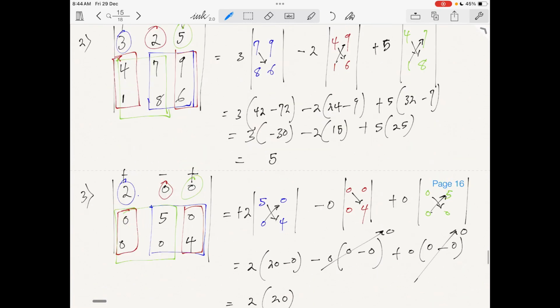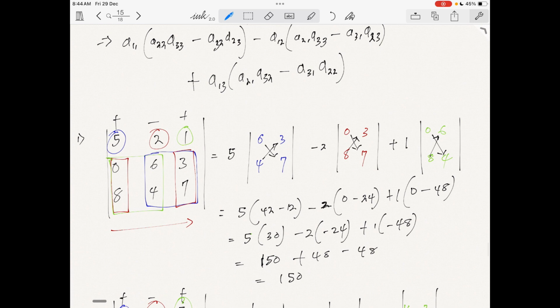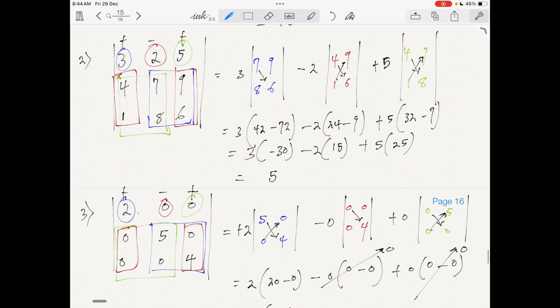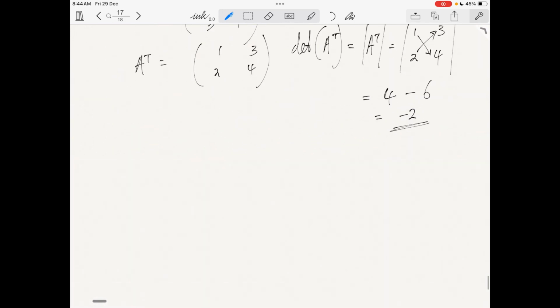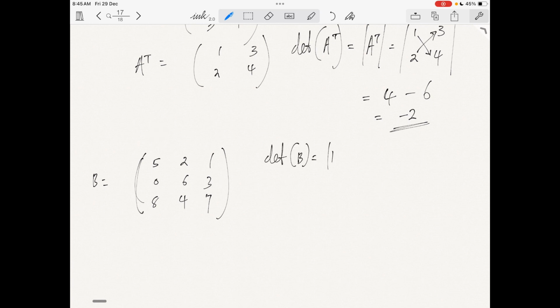Let's pick this: 5 2 1, 0 6 3, 8 4 7, and the answer is 150. Let's say this is B, and we know that the determinant of B is equal to 150.